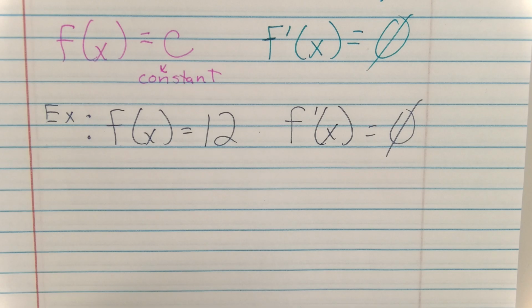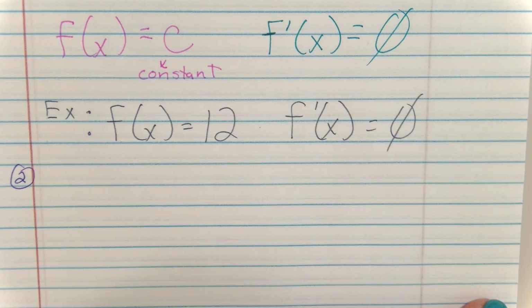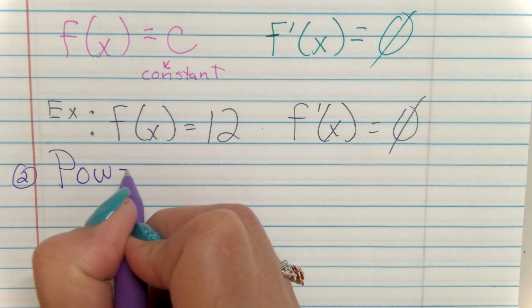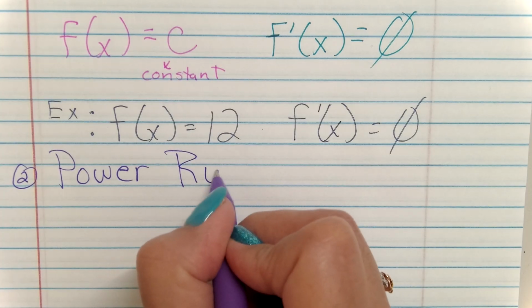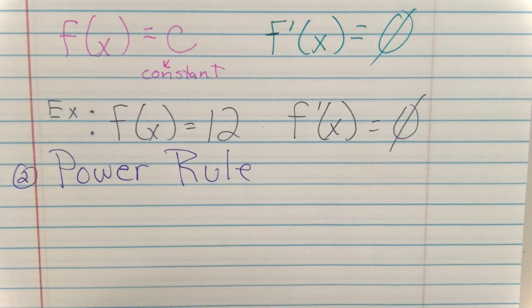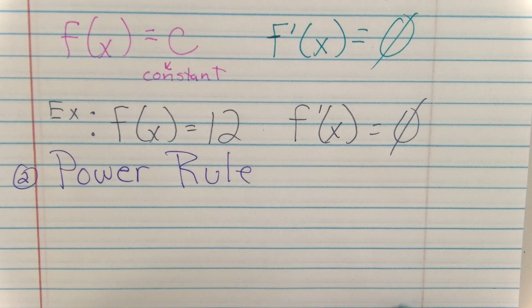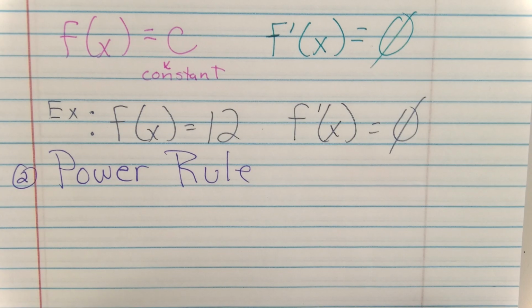The second rule we have is called the power rule. The power rule is used when we have exponents, whole number exponents. We have to have exponents.